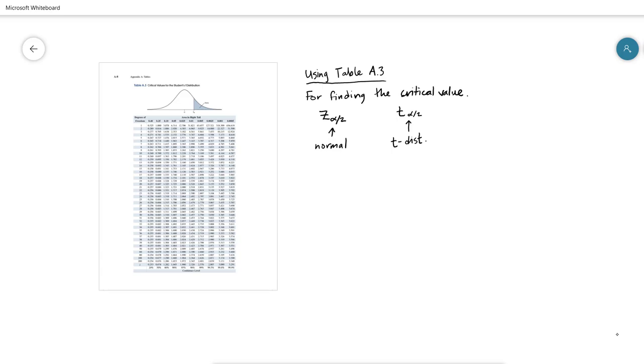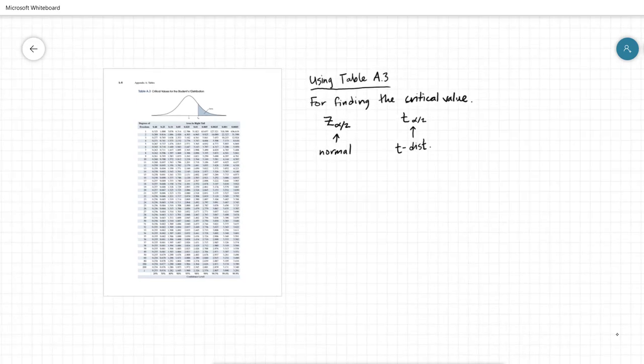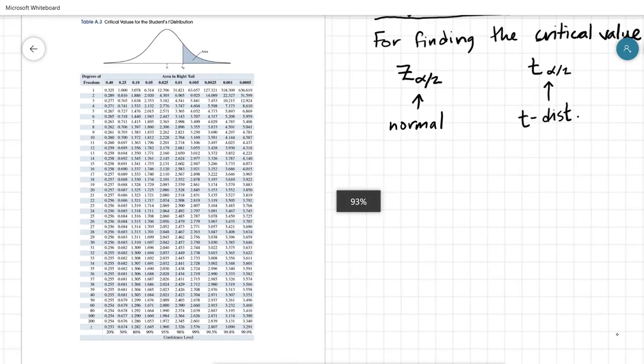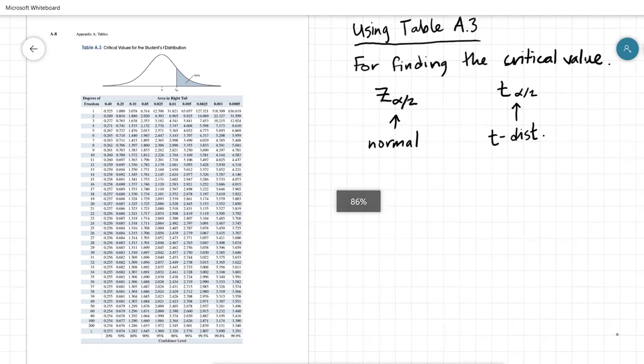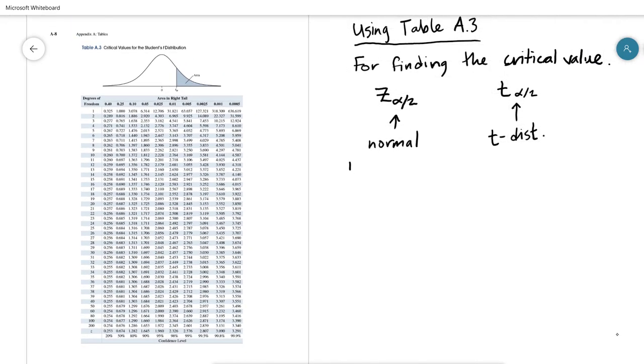If we're using a normal distribution, the procedure is relatively straightforward. We've mentioned this in the past. Based on the desired confidence level, we pick one of the columns at the bottom.